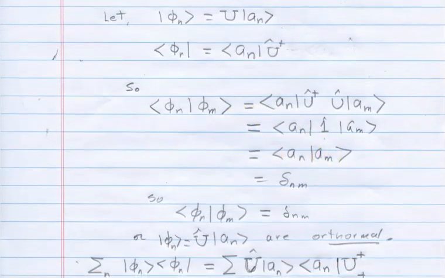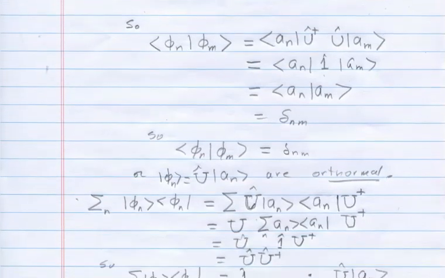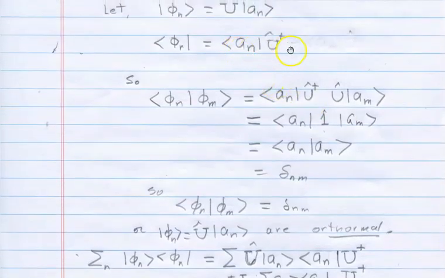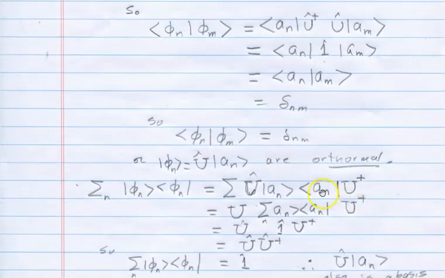So that doesn't really get completeness, but we can show that in a similar fashion. I look at this relationship to find out if in fact it becomes the identity. And there I again just get for phi n, it's just U on the ANs, and the phi n bras, well, we have that up above, have a U dagger, like so.